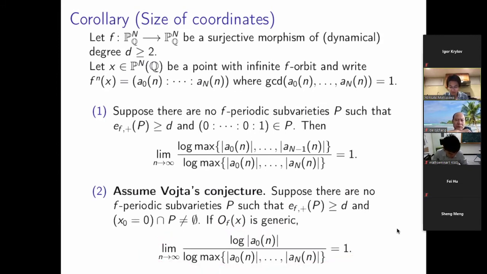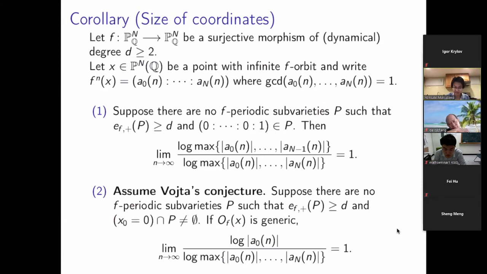The log of the first coordinate divided by the log of the maximum of all coordinates goes to 1. This basically says every coordinate grows at the same speed, if we choose the dynamical system randomly enough, and the point randomly enough.